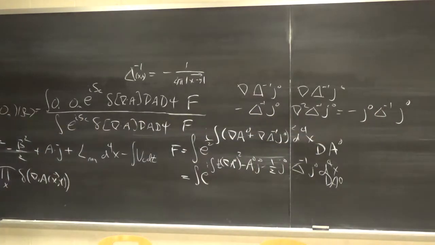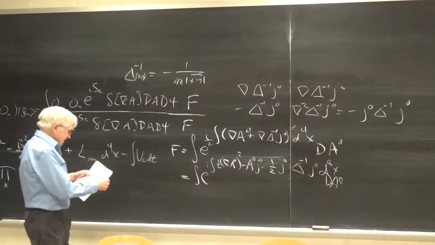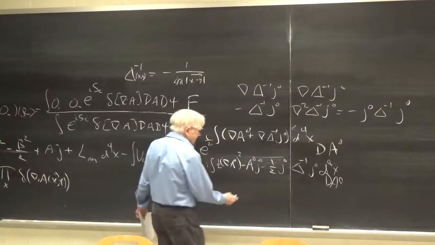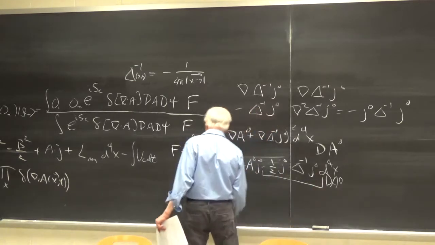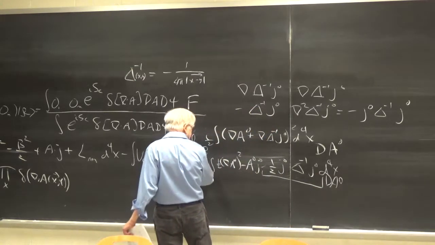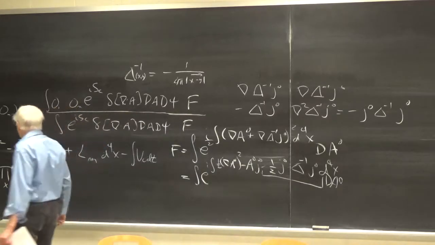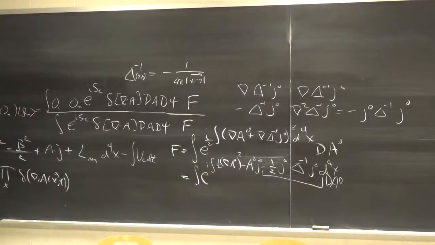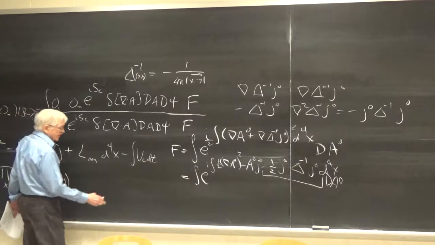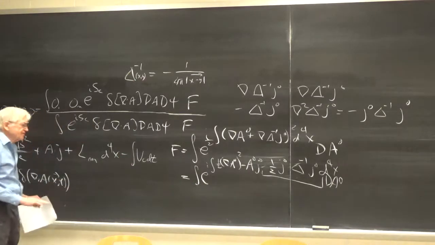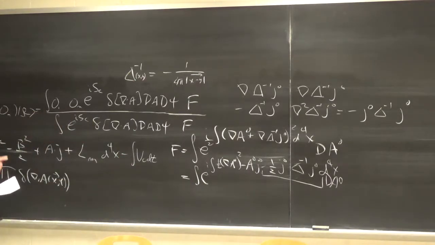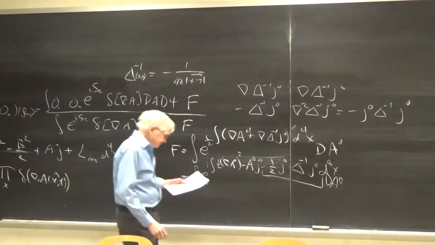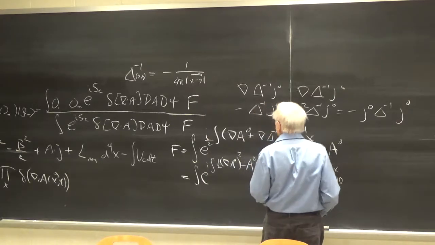The point is that this term is the Coulomb term, but with a minus one half i, and over here, when we multiply by i, we have the Coulomb term, and so the Coulomb terms cancel. That's the whole point of the F trick.